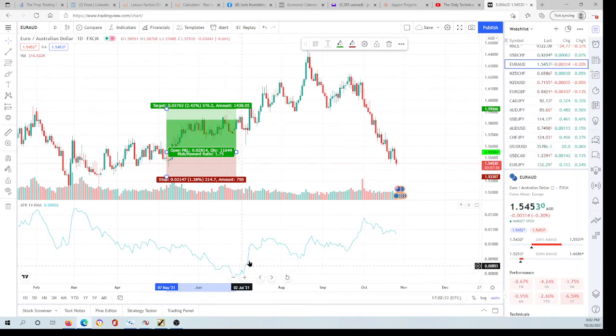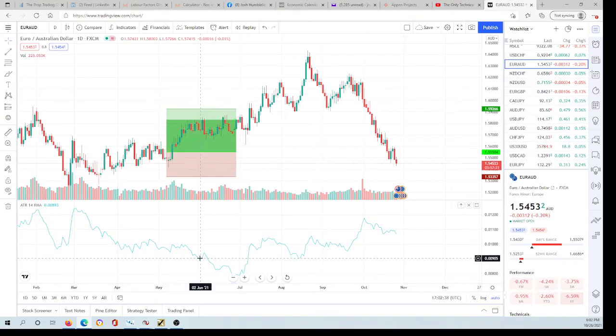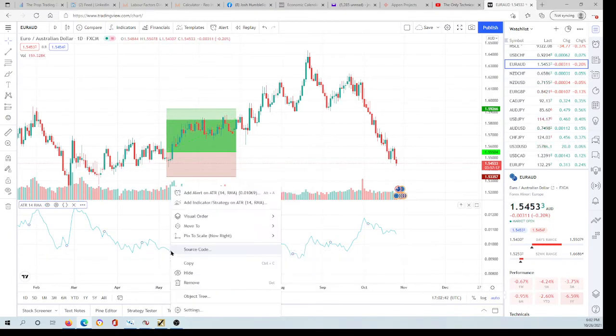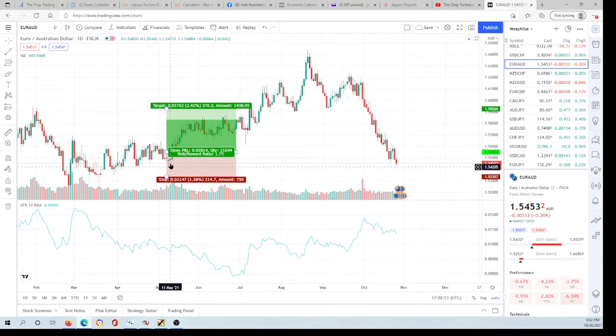So if the average true range, let me see this indicator again. You add, okay, so you add 1 bar of the average true range.